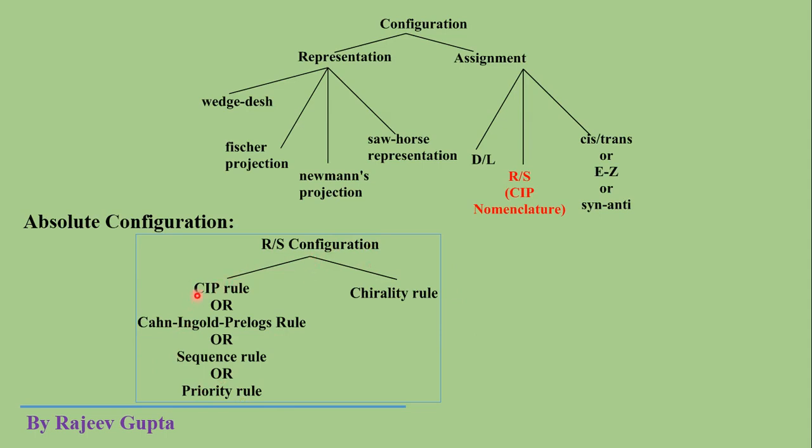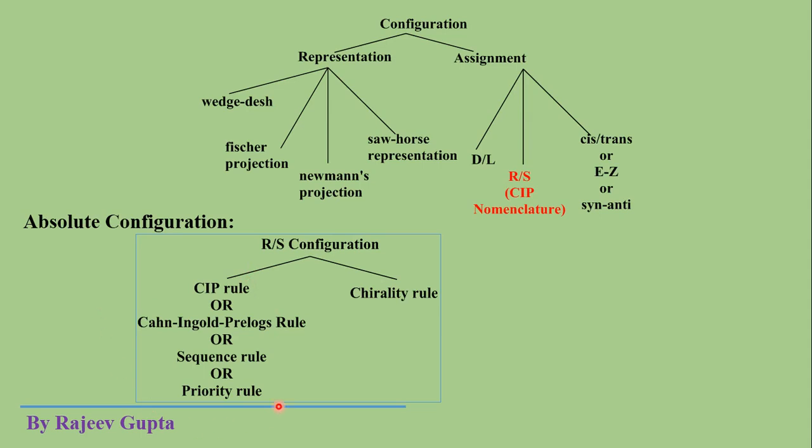First we assign a numbering to the four attached groups to the tetrahedral carbon atom according to CIP rule or Cahn-Ingold-Prelog's rule, which is also called sequence rule or priority rule. Then after assignment of that numbering 1, 2, 3 and 4 to the different groups which are directly attached to the tetrahedral carbon, we will apply chirality rule.